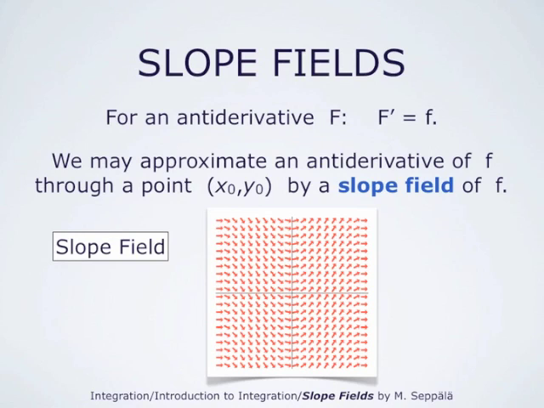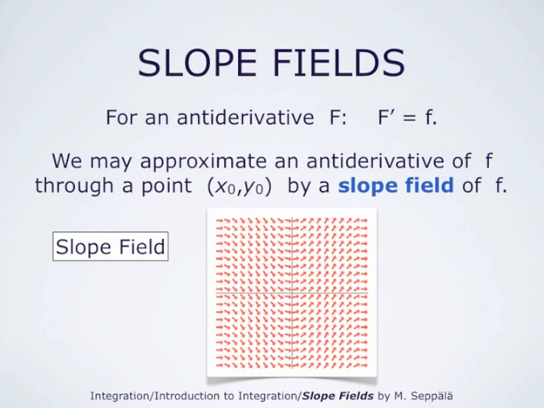So if capital case F is one antiderivative, then we may add any constant to capital case F to obtain yet another antiderivative. This means that the graphs of the antiderivatives of a function fill the whole plane. And they have the property that capital F prime equals small case f.